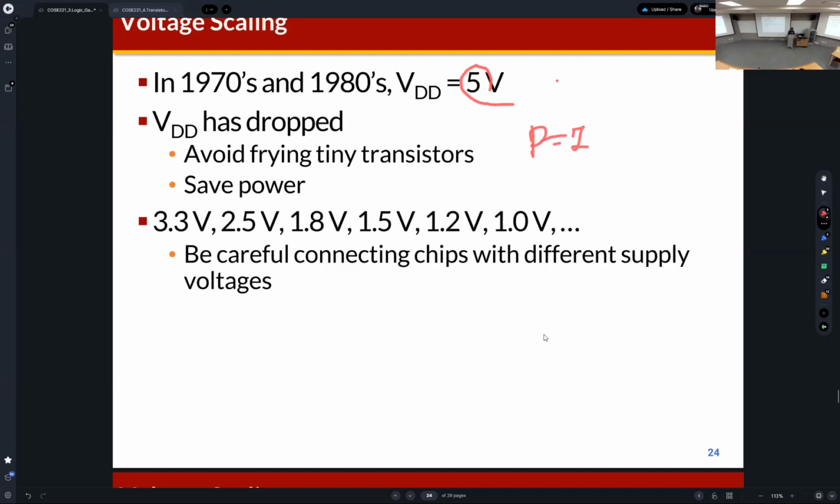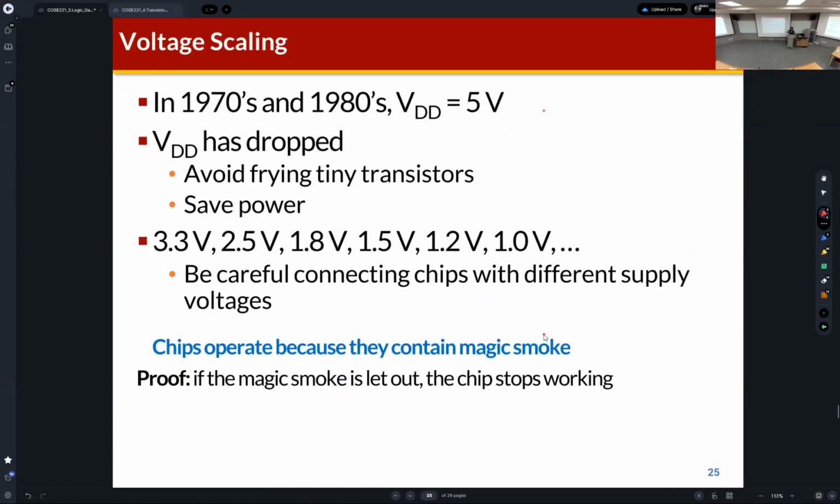Power is the current multiplied by voltage, so it is proportional to the supply voltage. Which means that if we reduce the supply voltage, we can reduce the power consumption of the circuit. Currently we are using 1.0 volt as the supply voltage of the CPU. Okay. And we need to provide the proper supply voltage to the electric circuit.